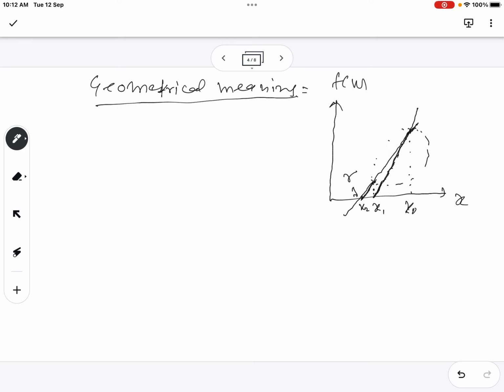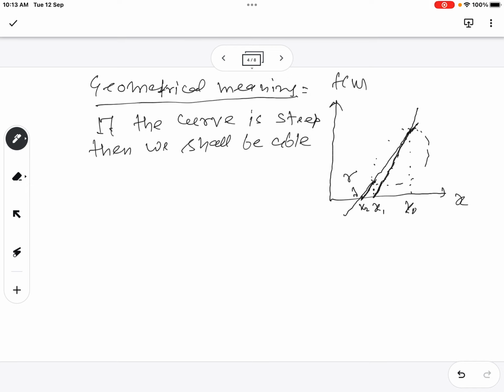Now if the curve is steep, then we shall be able to obtain the root quickly.